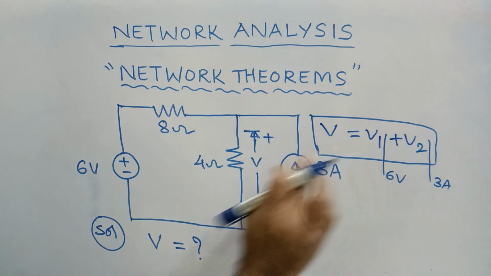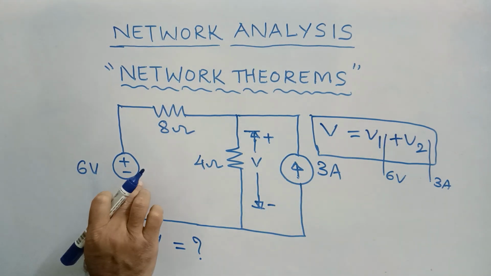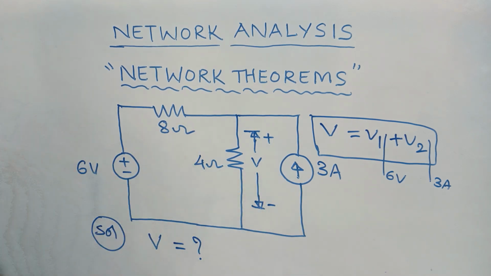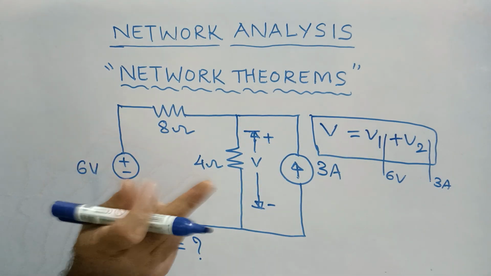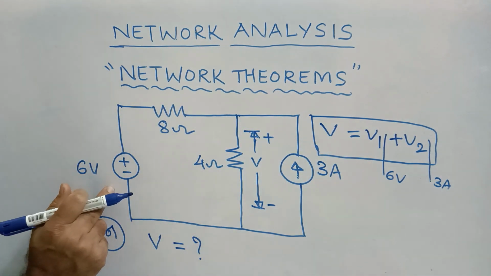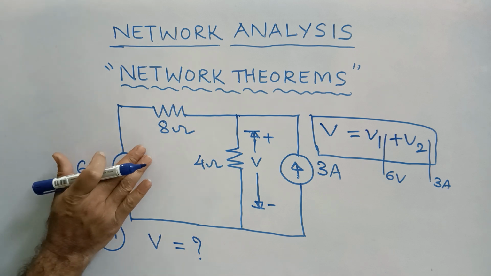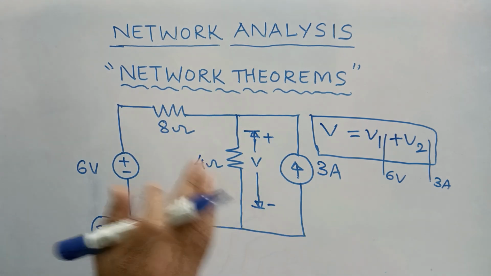While finding V1, with respect to the 6 volt voltage source, what to do for the 3 ampere source? The 3 ampere source must be open circuited, that must be removed actually. At a time we have to consider one source only, that is the important point to note down. While considering one particular source, the other source must be switched off, must be removed.